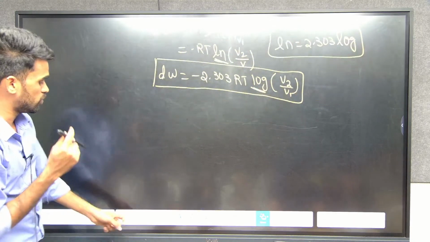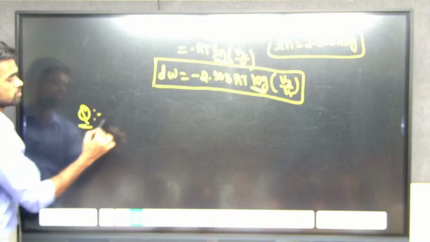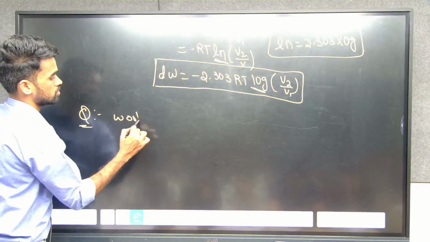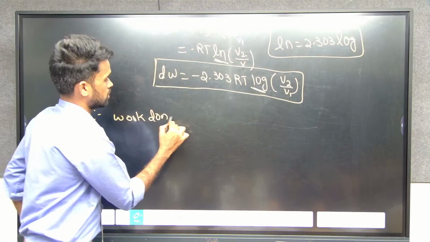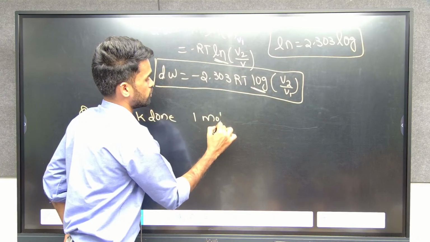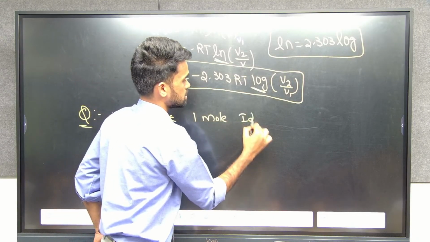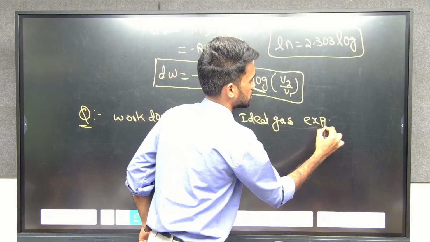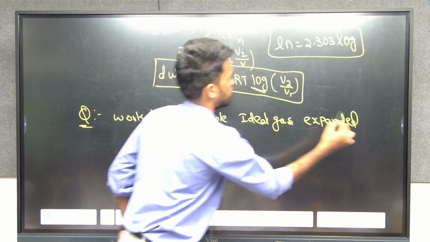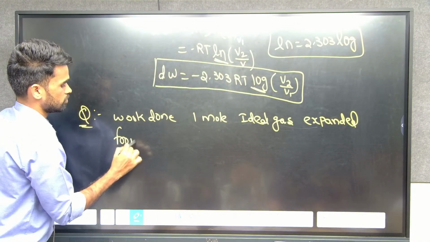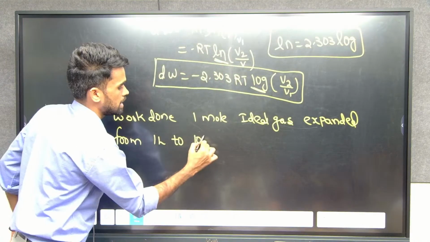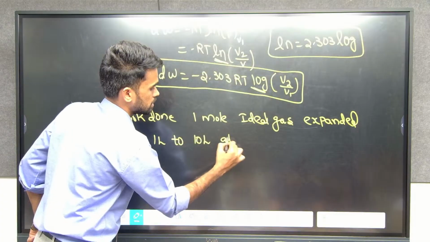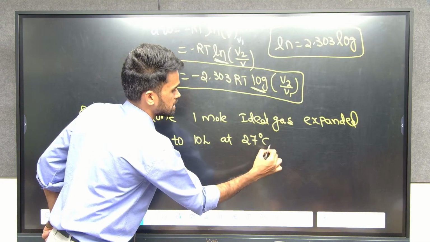So let me give you one question on this. Work done when 1 mole of ideal gas expanded from 1 liter to 10 liters at 27 degrees Celsius.